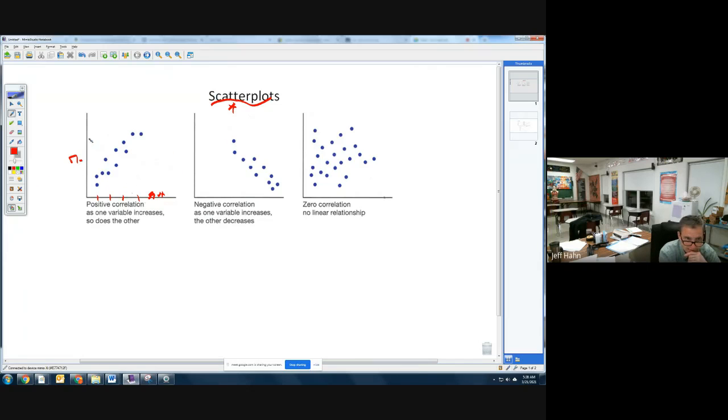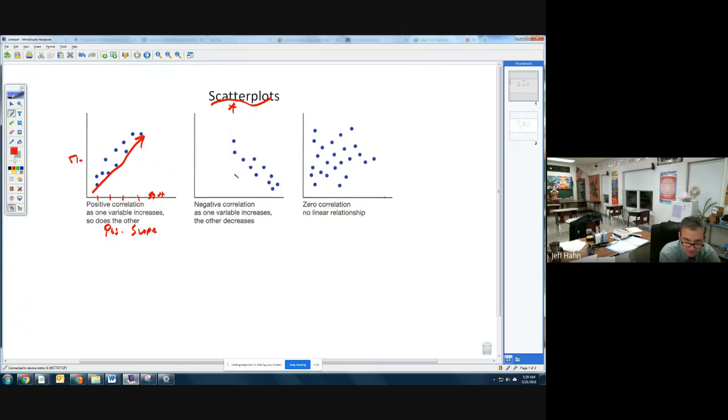When you do scatter plots, you really have 3 different choices of things that can happen. Either they have this, which is positive correlation, and positive correlation just means that as one goes up, the other one goes up. Basically, you end up with a positive slope.